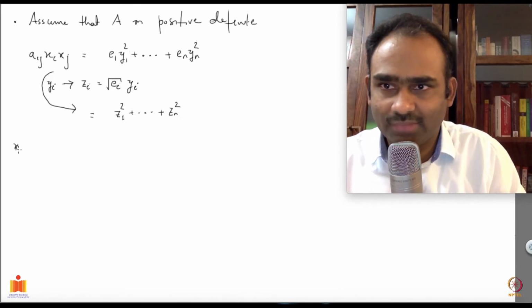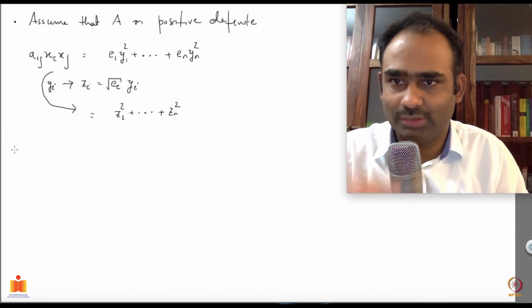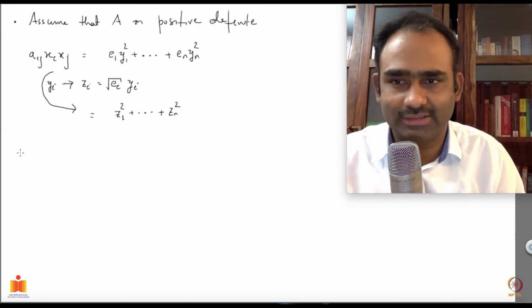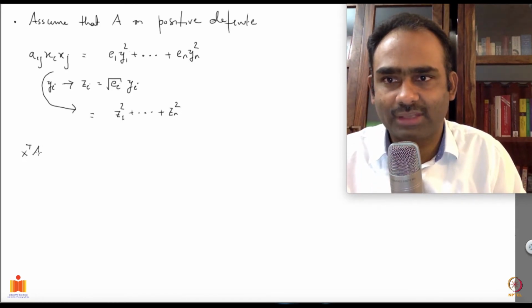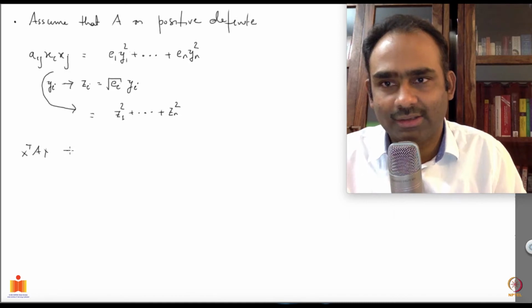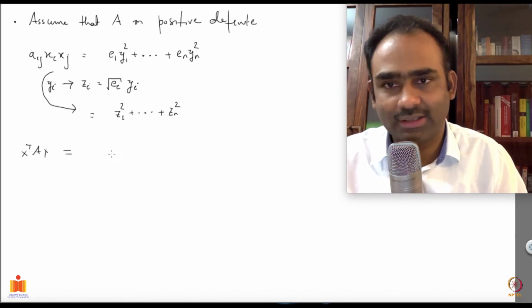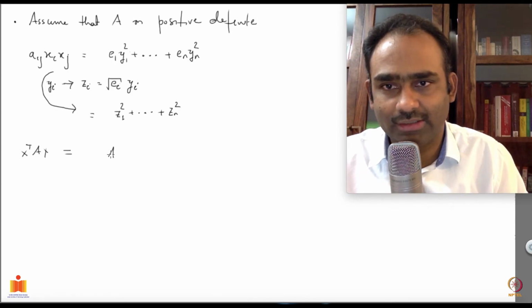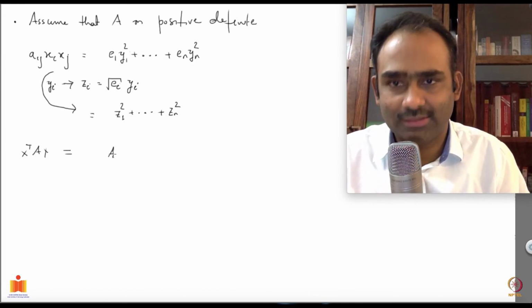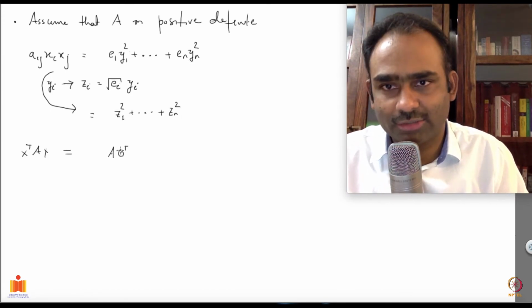What we have done is gone from x transpose A x, let me again put it in terms of column vectors and matrices directly. As I wrote before, we transformed this to a diagonal, which was O transpose A O, and then you have here y.